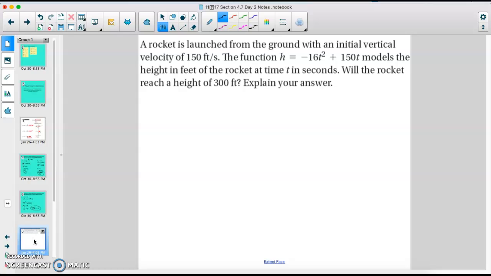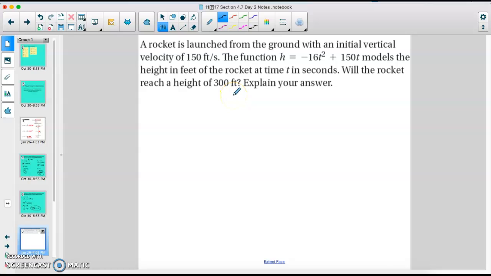All right, now some word problems to get us thinking here. We're not going to use the discriminant as much, although we can. So if a rocket is launched from the ground with an initial velocity of 150 feet per second, and it's modeled by that function, it models the height that the rocket is at based off of time t.